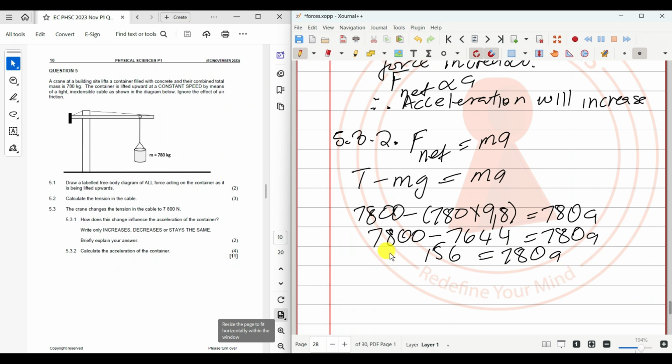So a will be 0.20 meters per square second.